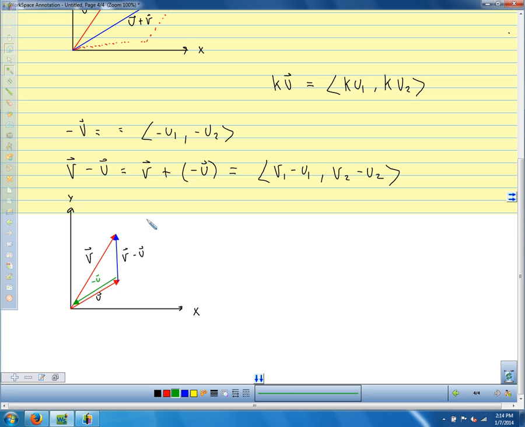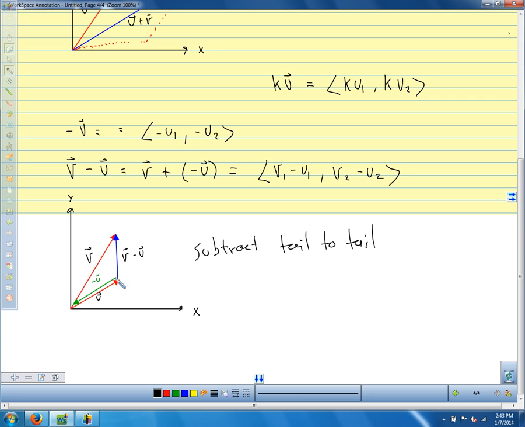So we subtract tail to tail, if we're drawing pictures. And what I always think about with these pictures is we're starting at the initial point, and we're ending at the final place that we get to.